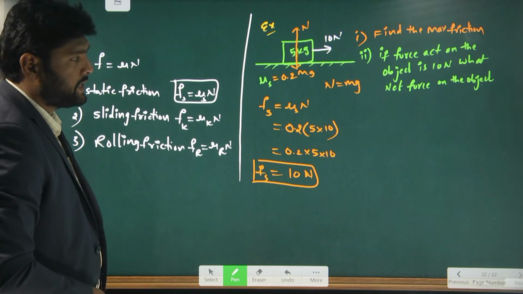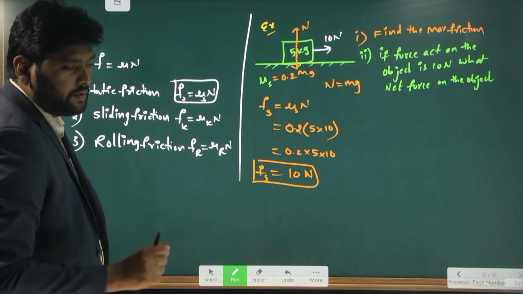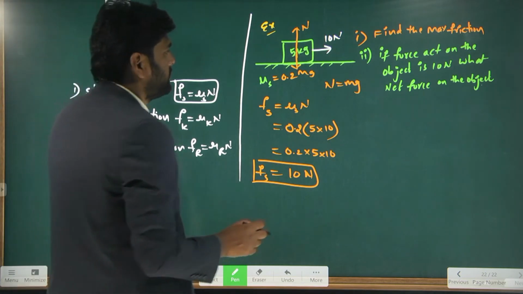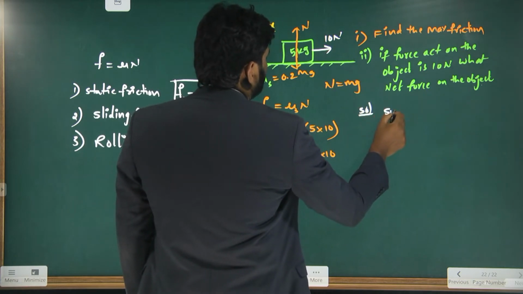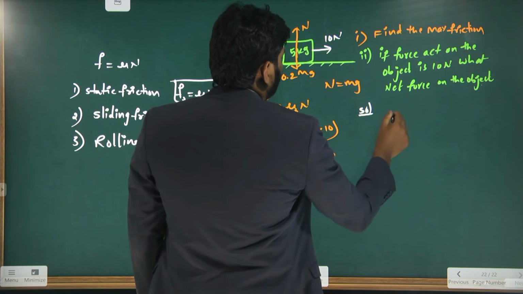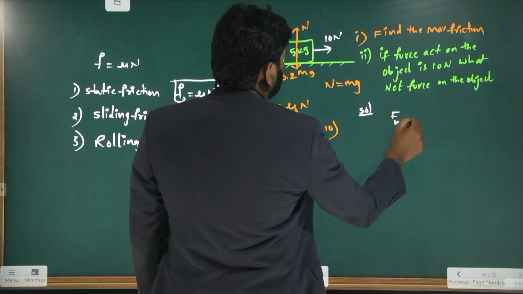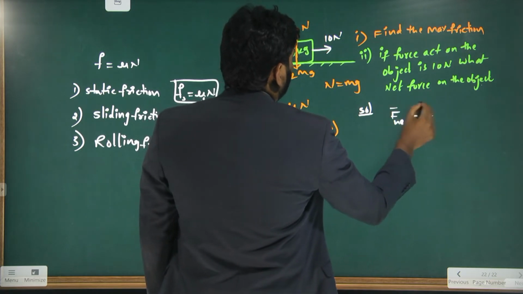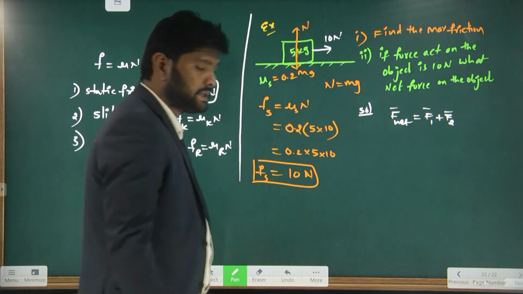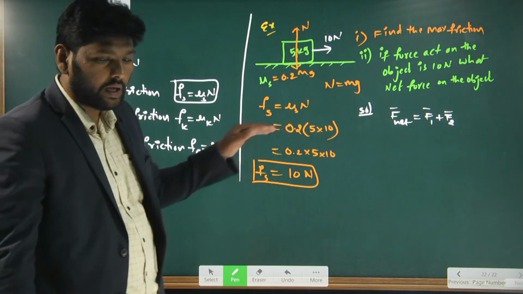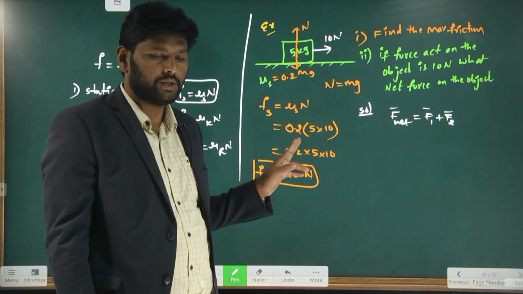Now he is asking to find the net force. What is meant by net force? Net force means the sum of the forces, F1 plus F2. How many forces are acting on the body? Along the horizontal direction, two forces are acting.